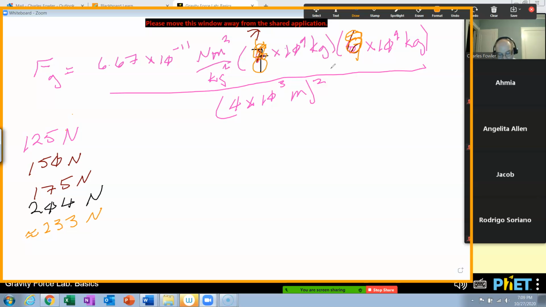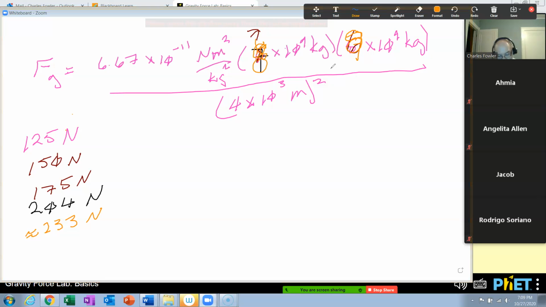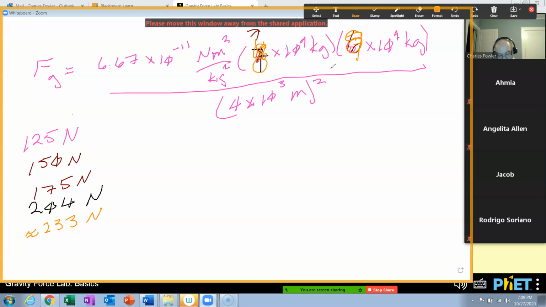Then with the calculator, 6.67 EE 11 negate times 8 EE9 times 8 EE9 divided by, open parentheses, 4 EE3 close parentheses squared equal. What do you get? 266.8. I'm going to round that to 267. Pretty interesting, huh?